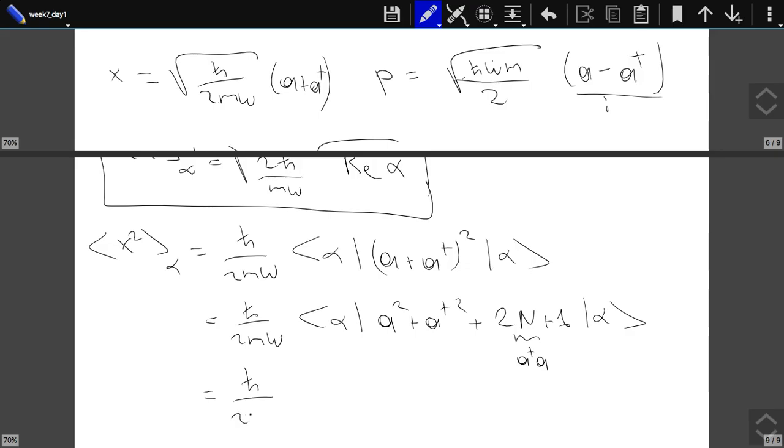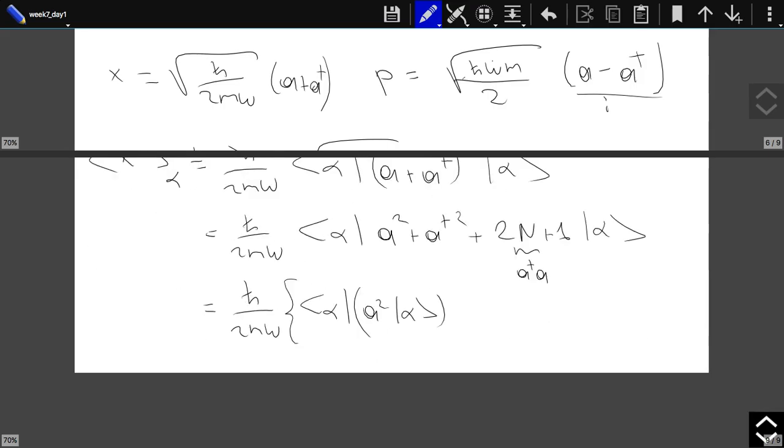This is equal to h bar over 2m omega, alpha a squared acting on alpha, plus a squared acting on alpha dagger, inner product with alpha. This is my second term. Plus twice a acting on alpha dagger multiplied with a acting on alpha, plus 1.